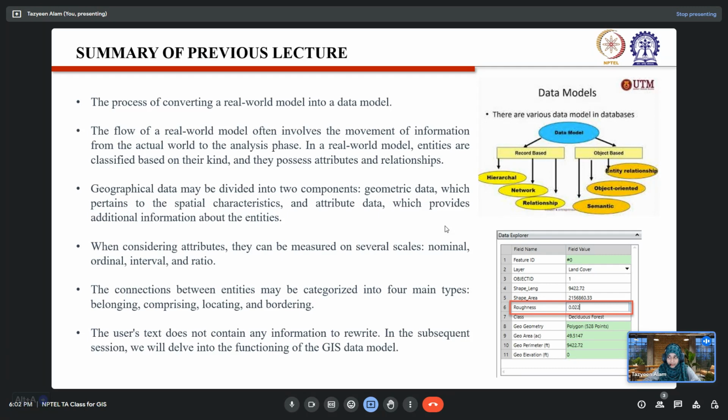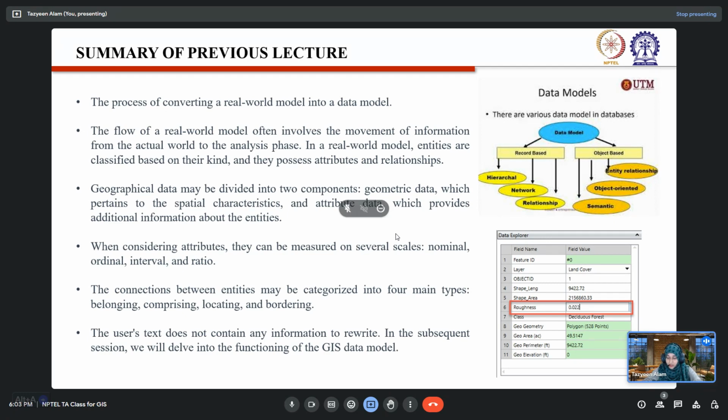In geometric data, we are trying to correlate the data with the spatial characteristics of a particular element or variable. And in the attribute data, we provide additional information about the same variable or the same entity which we are spatially trying to convert to the digital model.